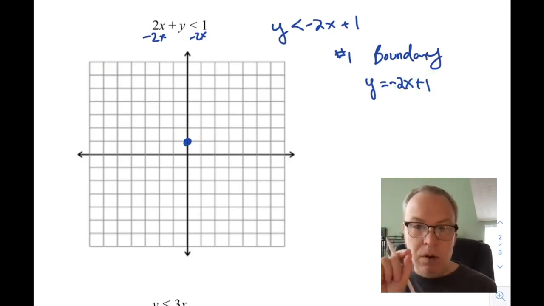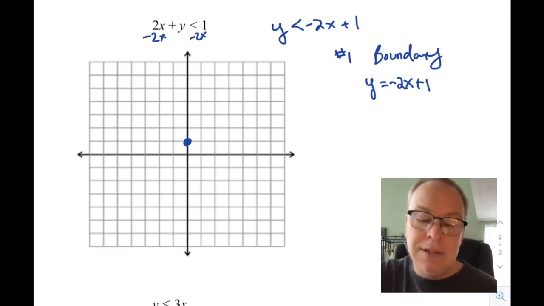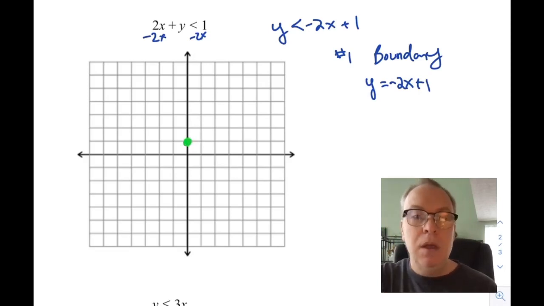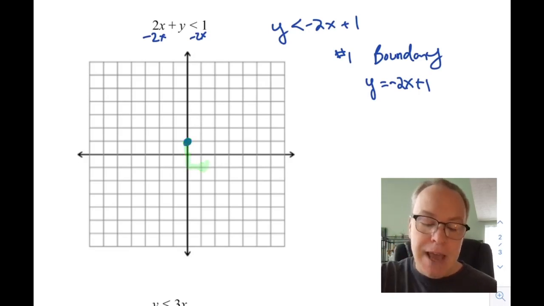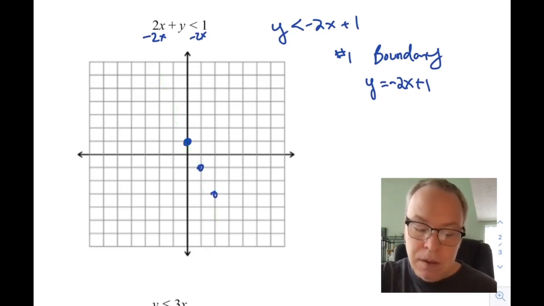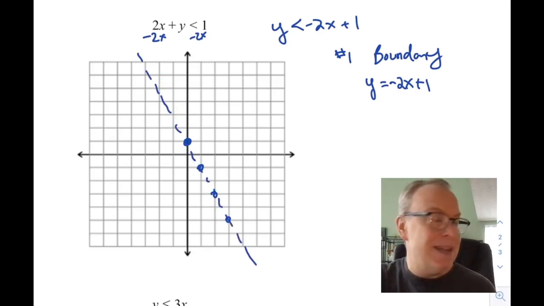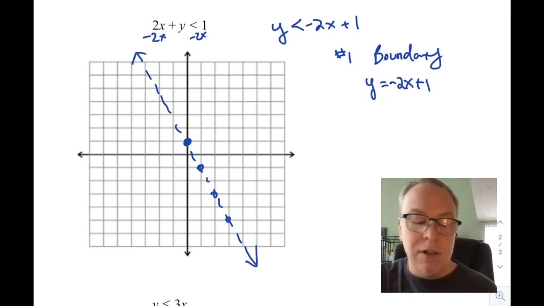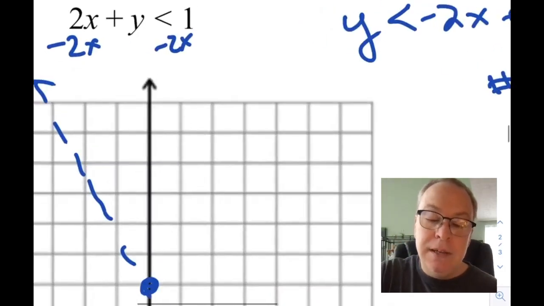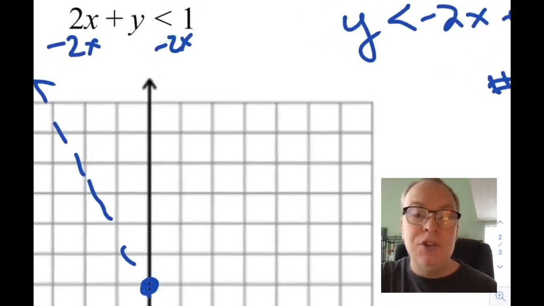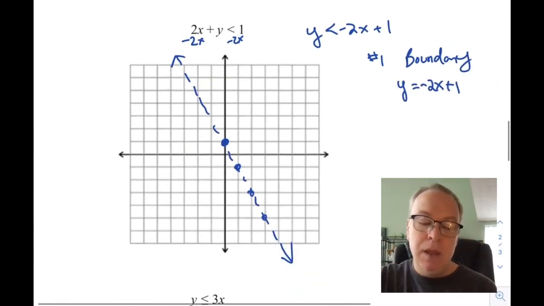That means down 2, and then always go to the right if you want to be right, is what I like to say. So we're going to start here, count 1, 2 down, and always go to the right. Remember, negative slope lines are always downhill, so that makes sense. And don't forget, we're going to draw a dotted line because the original question did not have an equal sign. It did not have the little bar under there. It's an open circle concept.